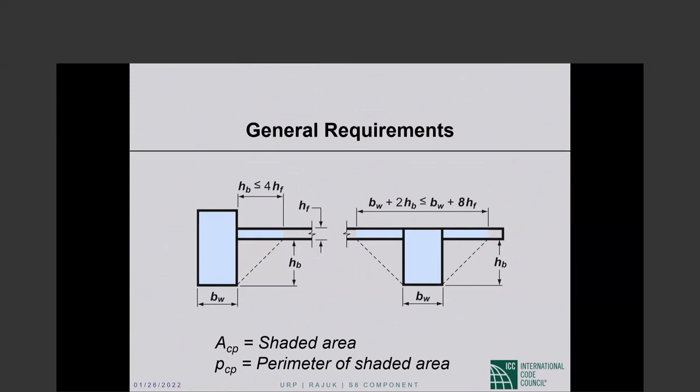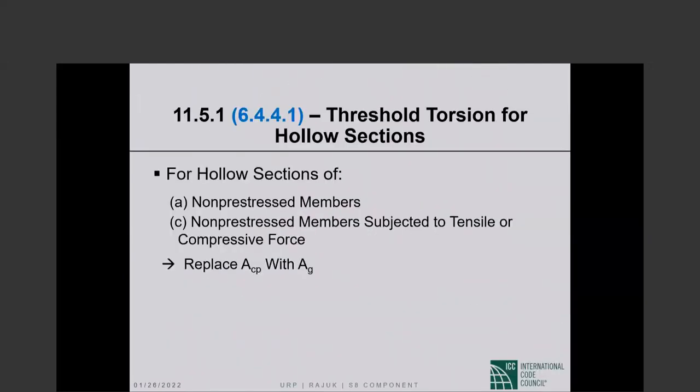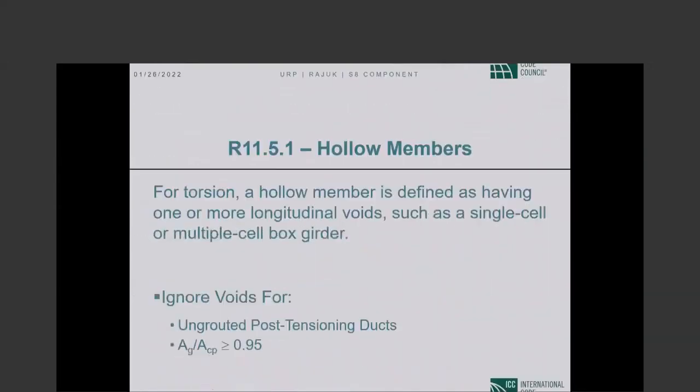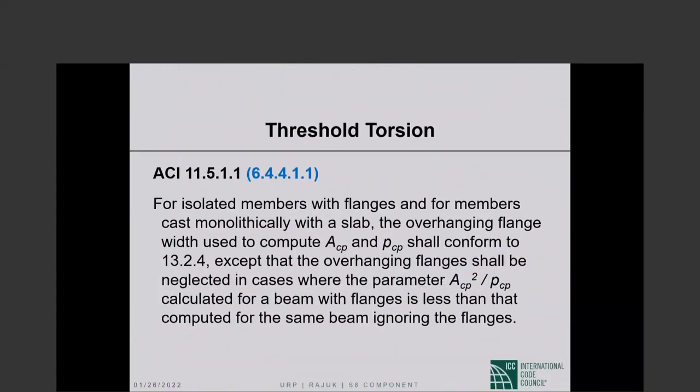I can visualize one right off the bat. But in any case, if that happens, then you ignore the overhanging flange. Then this is the section of your torsional member. So you will not decrease the A sub Cp squared over P sub Cp ratio by including the flange in the torsional member.